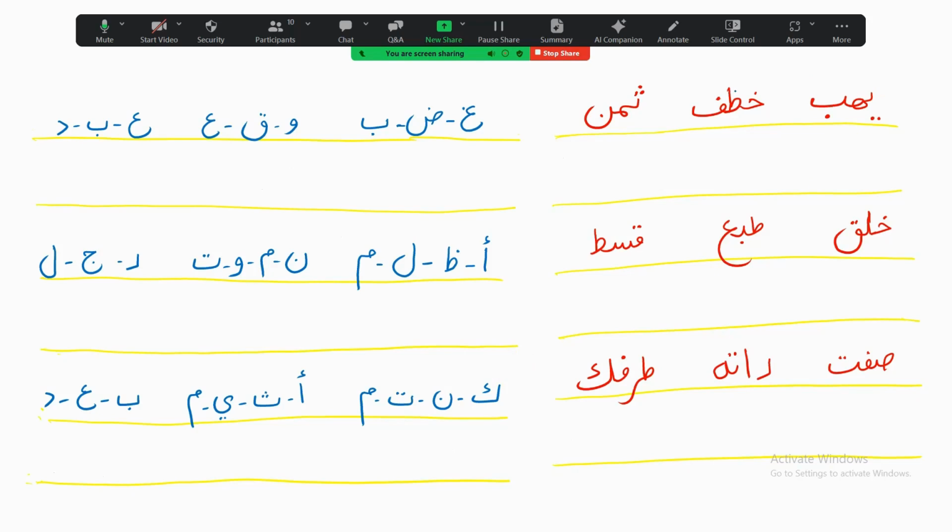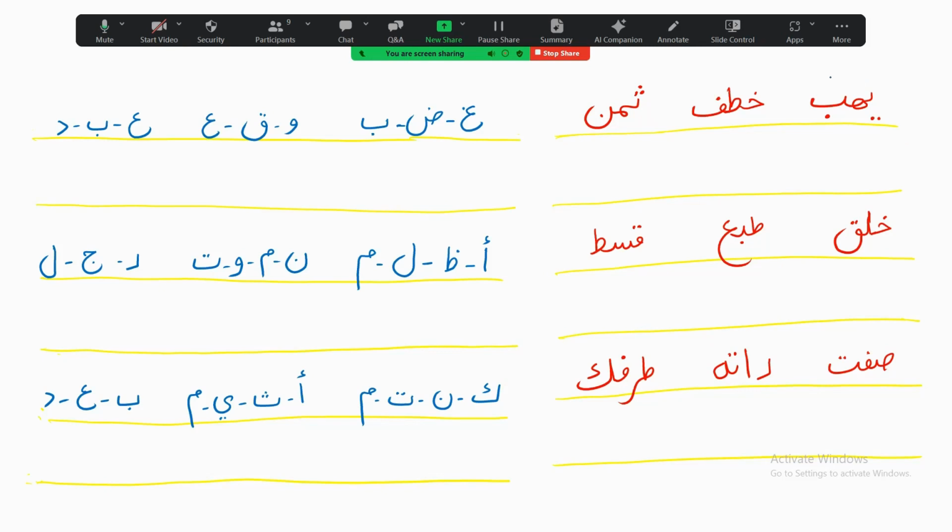At the right side I have written some words, and we will see from which letters these words are formed. At the left side you see the letters, and we will form words through it. This will help you form words and read them as well, inshallah.